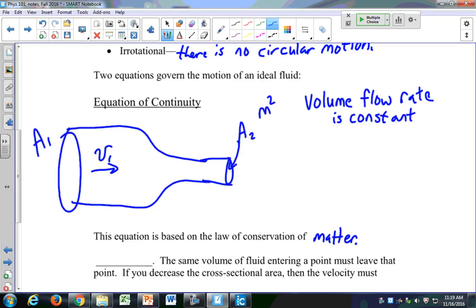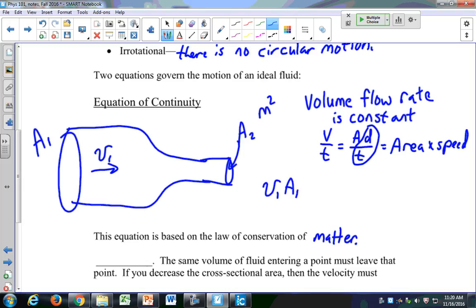And if I think of the volume flow rate, volume over time, volume is area times distance divided by time. And if you think about this distance over time, then my volume flow rate is equal to area times speed. And so the equation of continuity says that v1 times A1 is equal to v2 times A2.